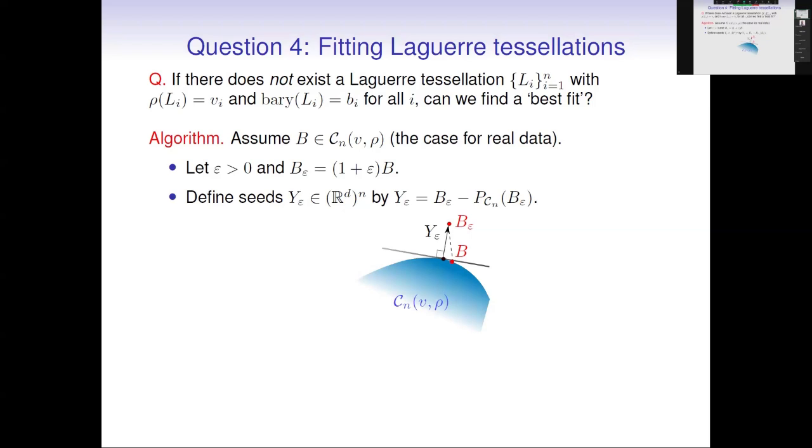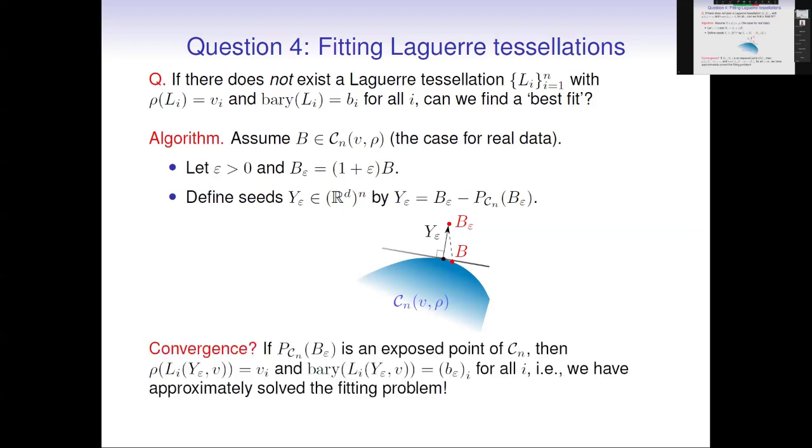And these seeds, under some assumptions, actually solve the fitting problem. So does it work? If when you project back you actually get an exposed point of your set, then Y epsilon will really be the seeds of the Laguerre tessellation where the cells have the right volumes.